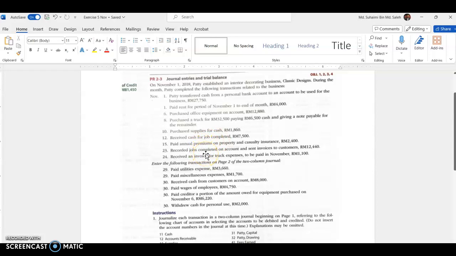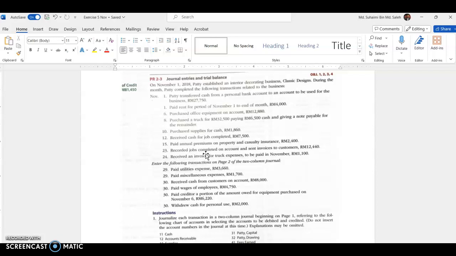Next, we move to November 15, paid annual premium on property and casualty insurance, 2,400. So what we have to record here is debit prepaid insurance, because this is payment for 1 year.